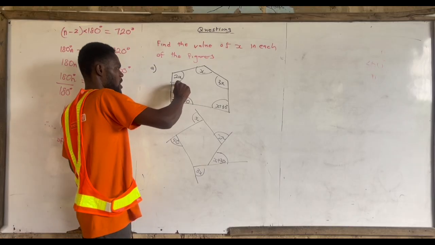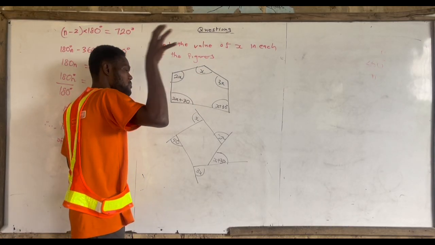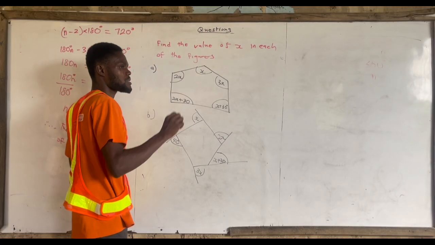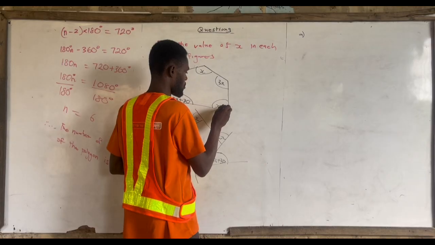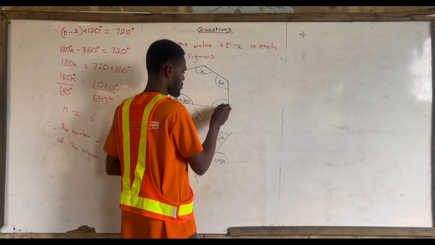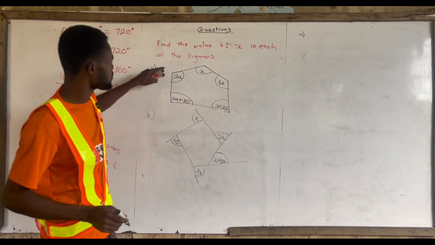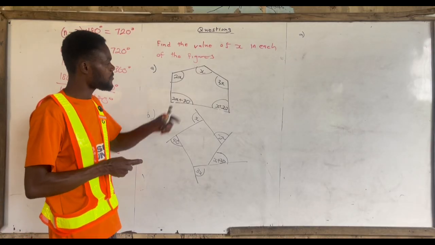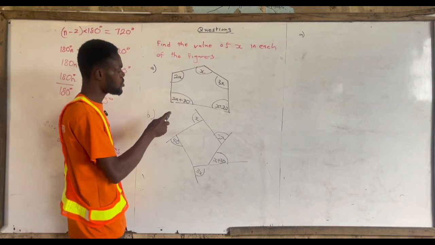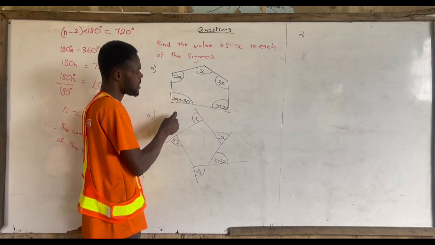And we know that if you add the interior angles of a regular polygon, it must be equal to some value, and we are going to use the formula. Okay, so first of all, you have to calculate the sum of the interior angles.